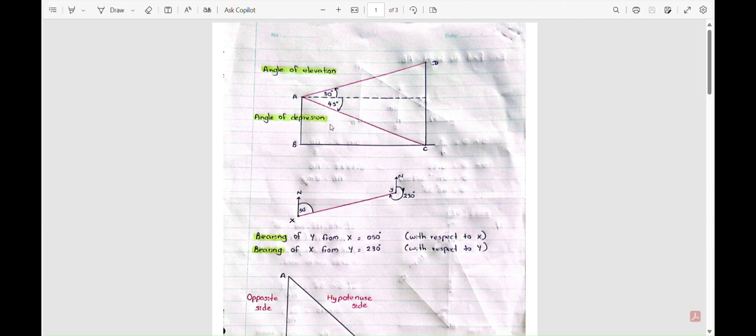In such instances, we use angle of elevation and angle of depression when talking about the locations of such things. But when we are talking about the locations of things on the same horizontal plane, we have to use the word bearing.